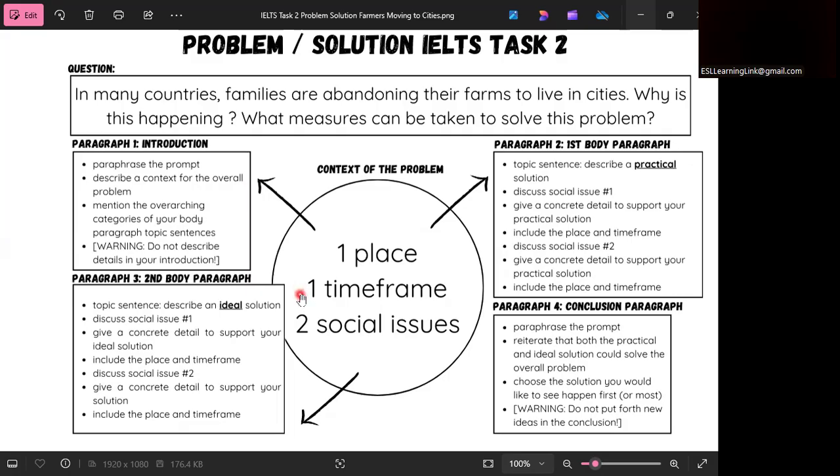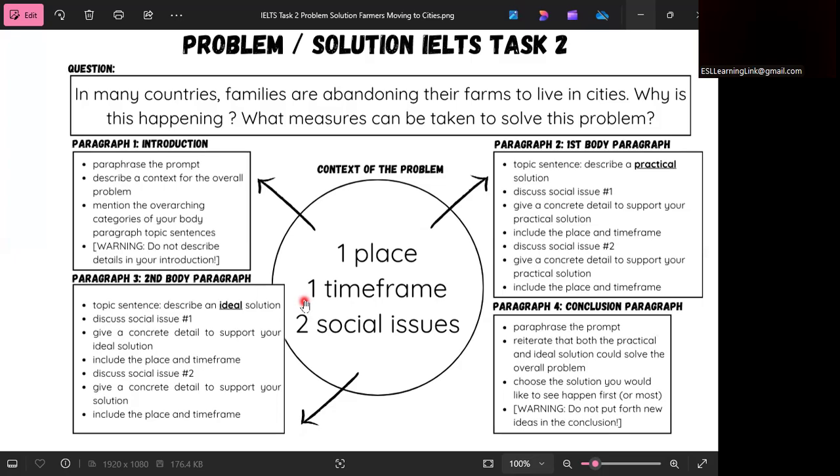For example, in China, you might want to write about the Cultural Revolution time when many people came from the villages to the big cities. Okay, if it's not too sensitive. Although right now during COVID, a lot of people went from the cities to the farms. So that sounds like it might be interesting to talk about.